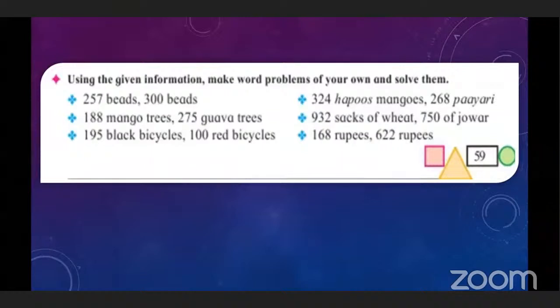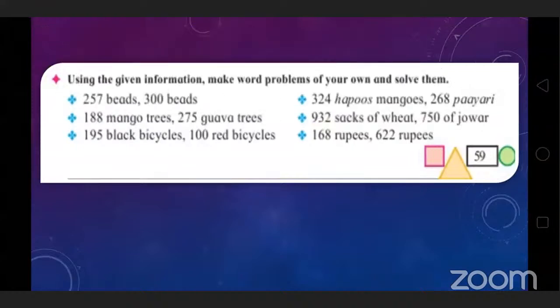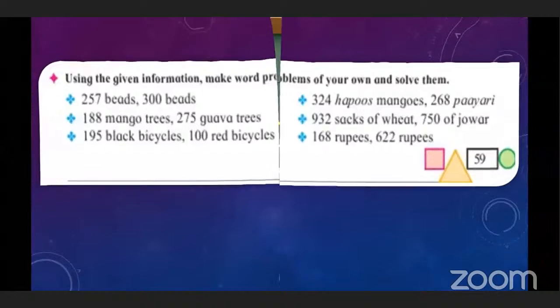Using the given information, make word problems of your own and solve them. There are 6 word problems. One I already solved. 5 word problems you have to solve on your own. Okay, students, this will be your assignment.